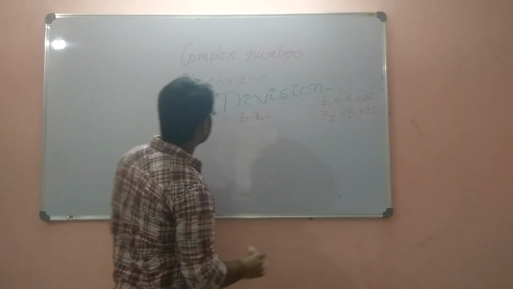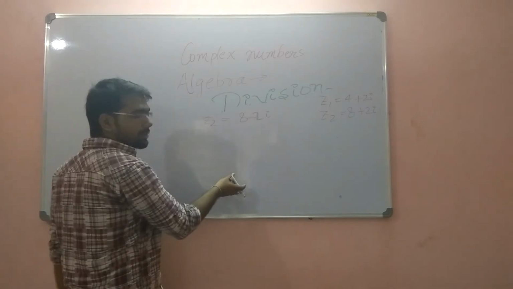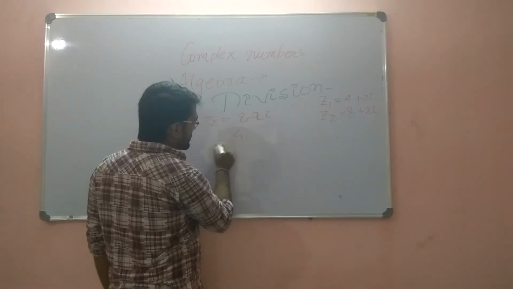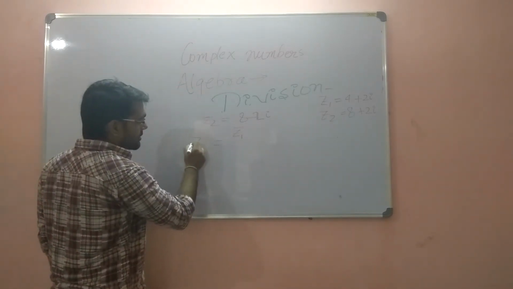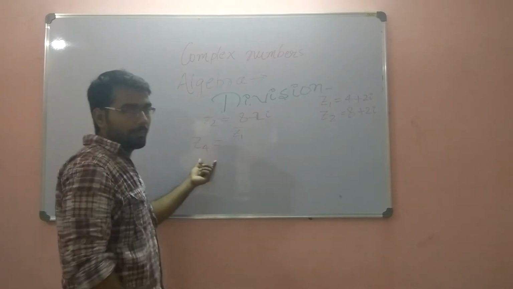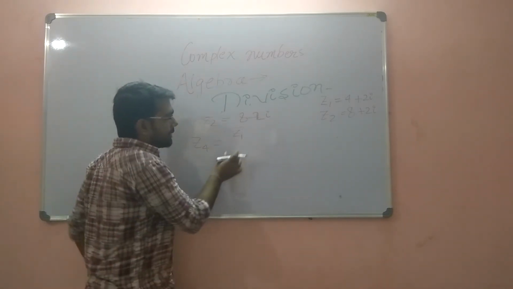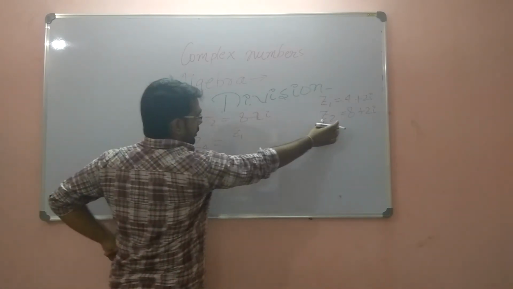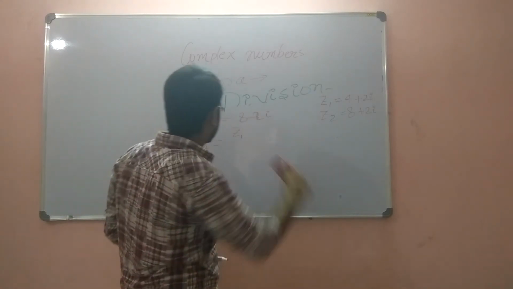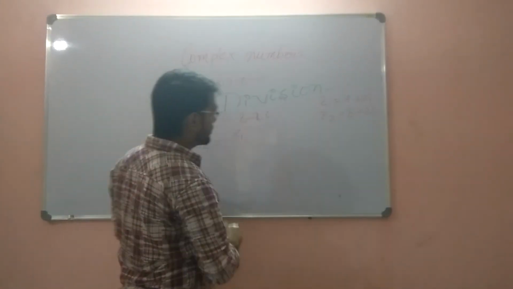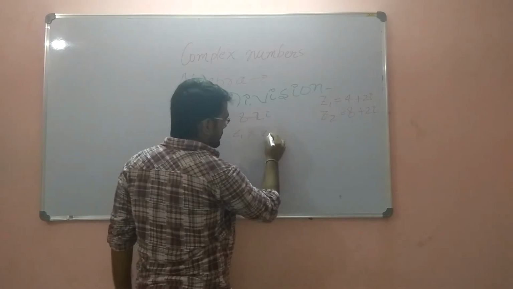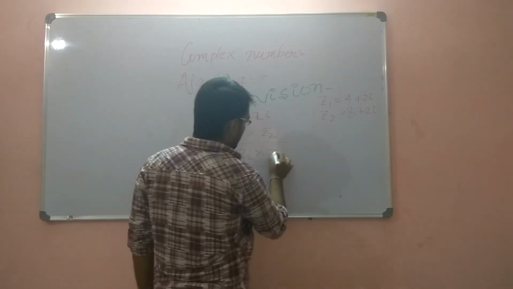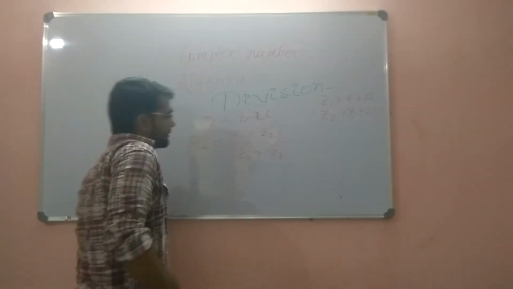As I told earlier, suppose on division we get z3 as our new complex number, then we multiply the conjugate of this up and down. So z1 into z2 bar divided by z2 into z2 bar.